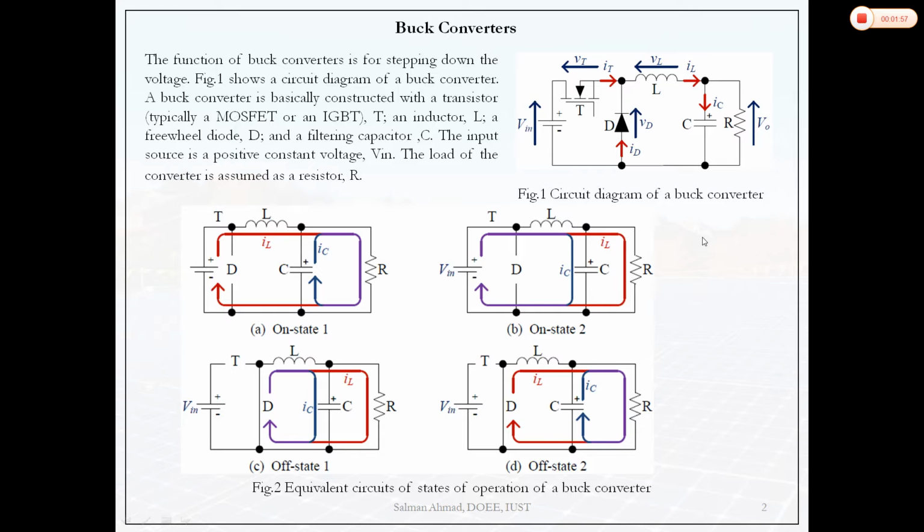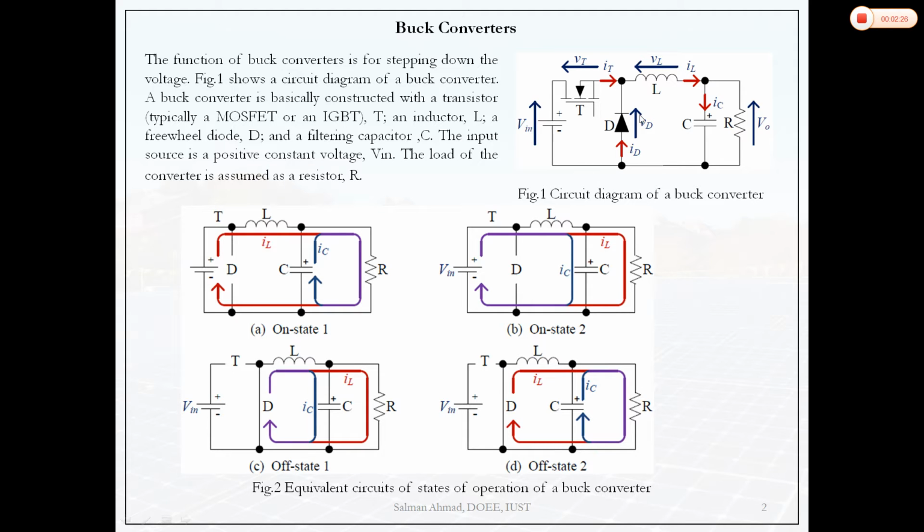In its working there are two states, one is the on state, another is the off state. In the on state the switch is turned on. Once the switch is turned on, it is like a short circuit if it is an ideal MOSFET. You can see that this diode will be in reverse bias because this side will be positive at that time, and this will be negative.